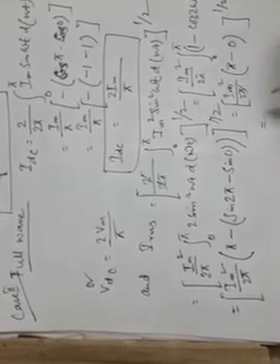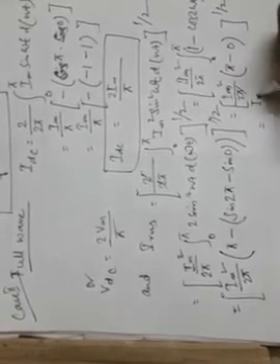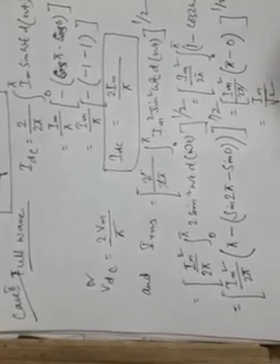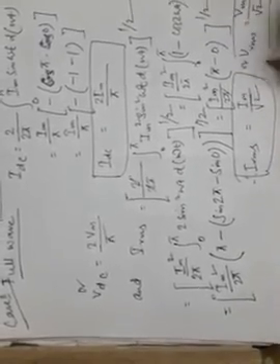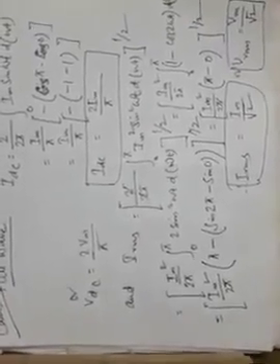So here pi cancels out, and this is ultimately Im by root 2. So IRMS is Im by root 2, or VRMS is Vm by root 2 for a full wave rectifier. All these expressions are important for you to solve further numerical problems.